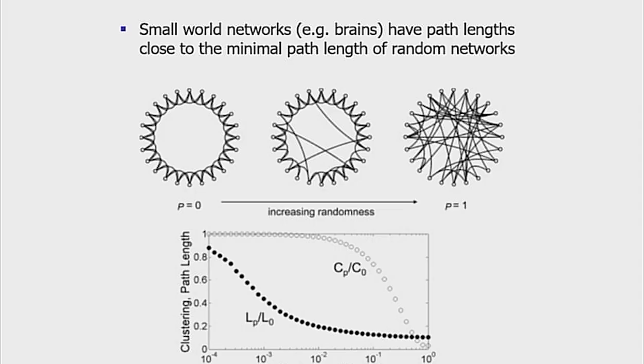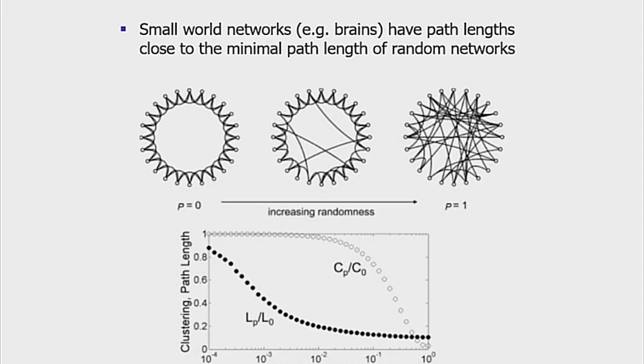So what evidence do we have that the brain actually uses shortest path communication of some form? One line of evidence comes from this idea that the brain is a canonical example of a small world network. Small world networks have a path length that's close to the theoretical minimum of a random network, which you can see on the right-hand side there.